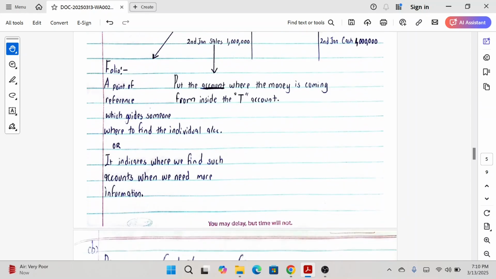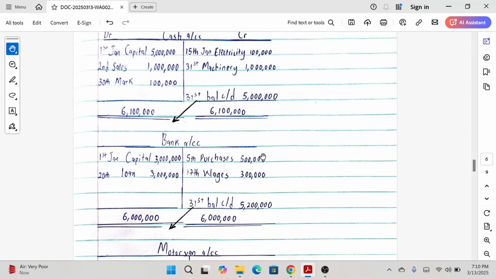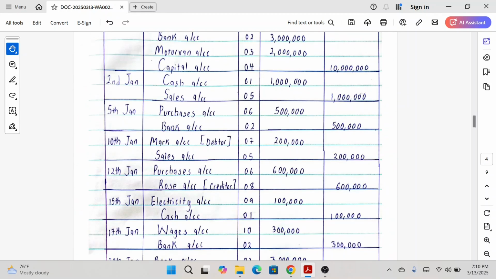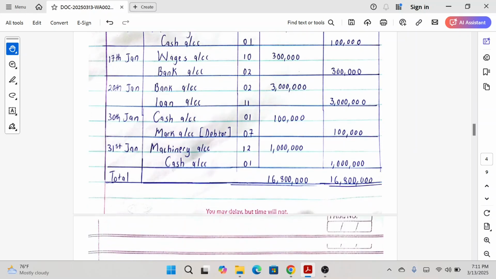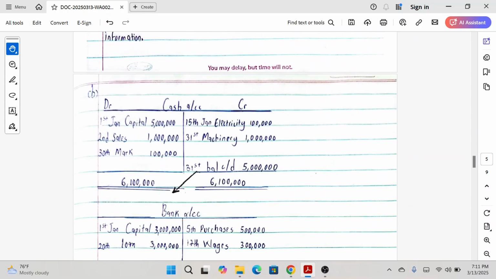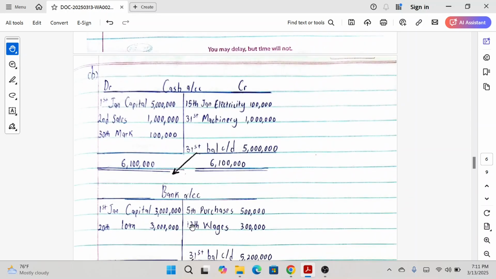The 5th, purchases of 500,000. The next one was happening on the 17th here. So we go on the credit side of the bank account and you put there 300, but the money is going to wages. So on the 17th, put the wages of 300.